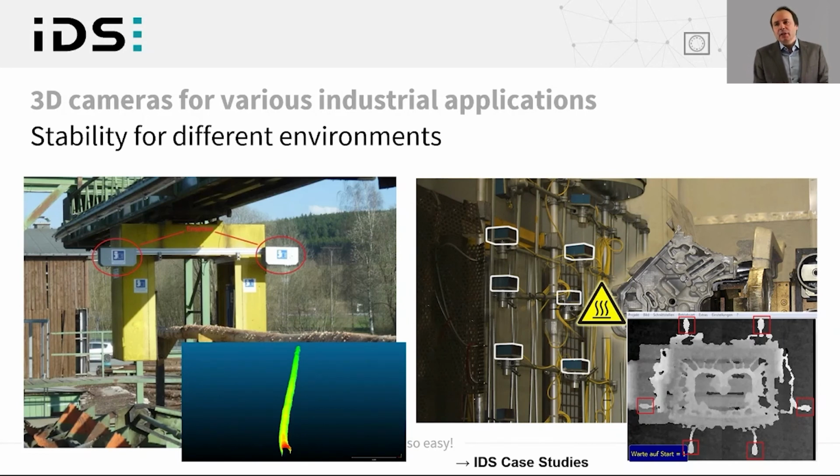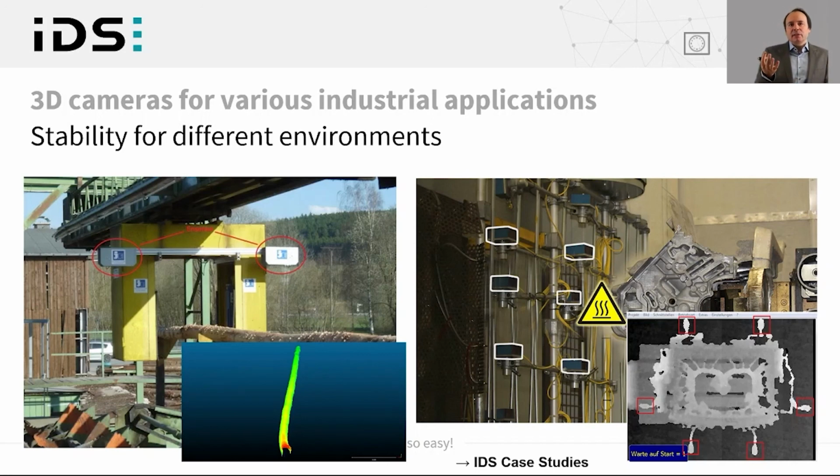Another important area for 3D sensing is stability for different environments. So these are earlier setups that we have put our Ensenso cameras in. In this case, it's an outside setup to trace along the tree trunks and get their structure, their volume out of it. In this case, the cameras need to work in harsh and cold environments, of course, because the tree trunks are sourced also in Siberia.